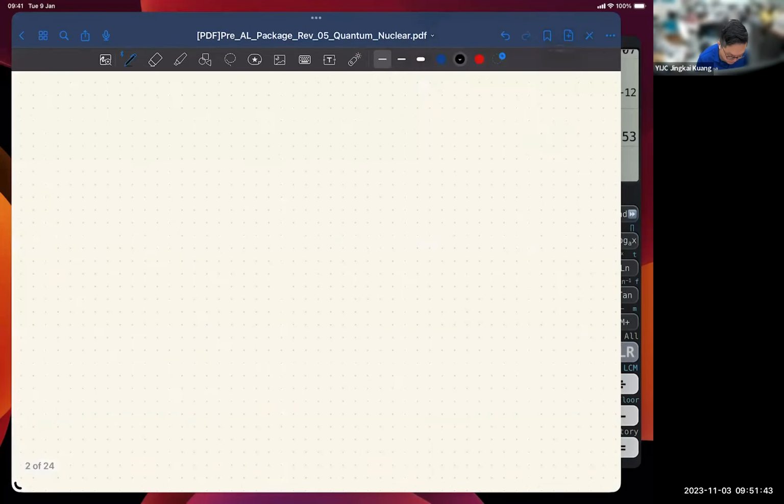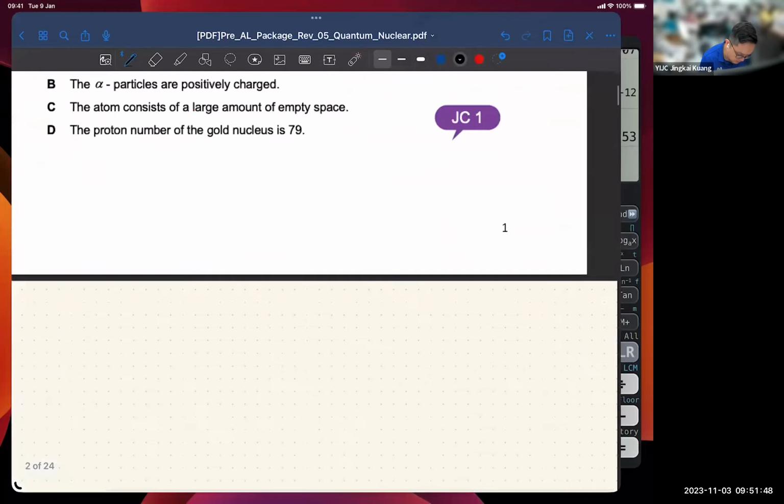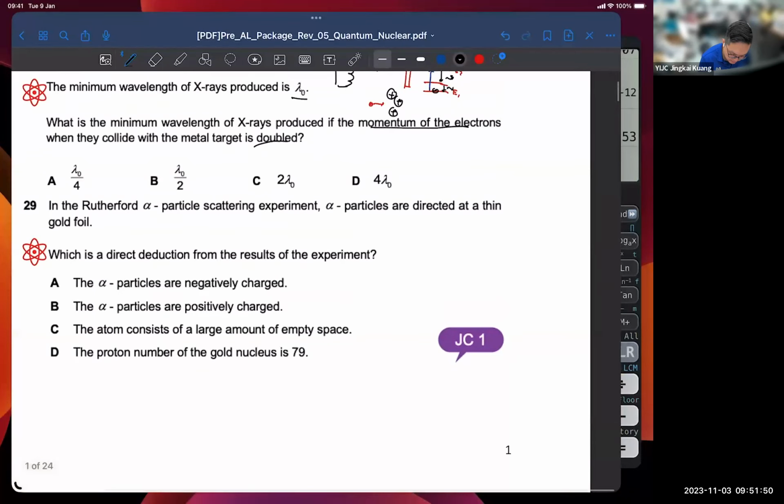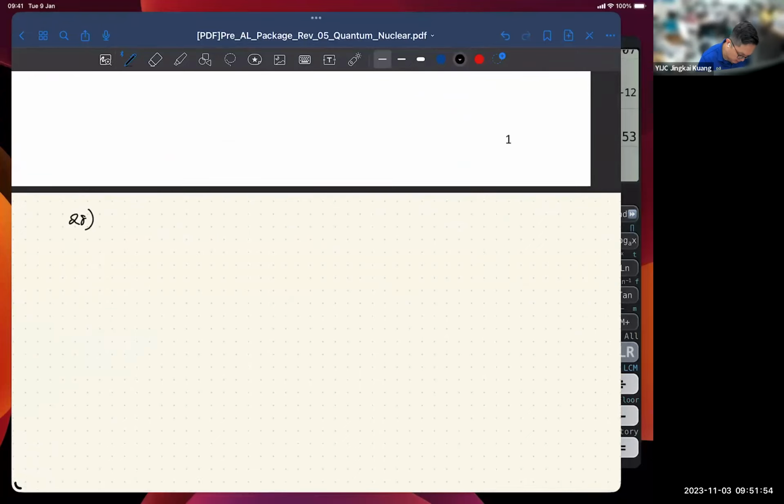So this is question 28. Let's look at what they are asking for: the minimum wavelength. We start from our accelerating potential, eVa.